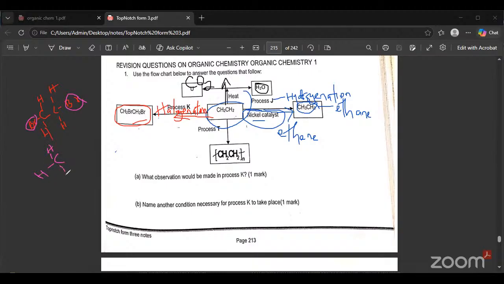H, H and H, and then I put another one na niweke sasa hivi Br, and I put H and H, which now the answer could have been CH3, CH2, Br. Ingekuwa hiyo yako. So you check the answer. Iko sawa? Iko sawa.